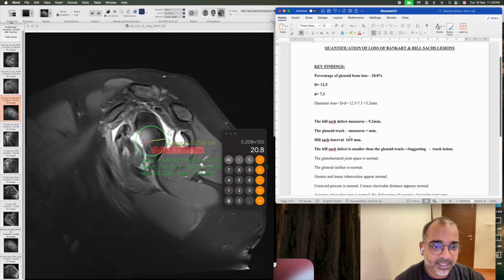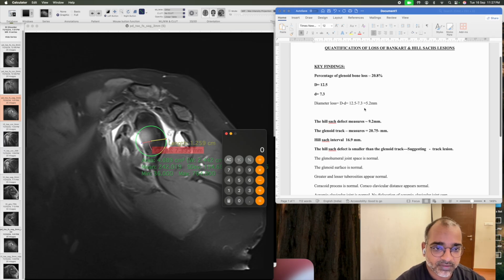So how do I calculate my glenoid track here? The glenoid track here we calculate as 2D, that is 25 mm. So 25 is multiplied by 0.83. 25 multiplied by 0.83 is 20.75, minus the bone loss. What is the bone loss here?